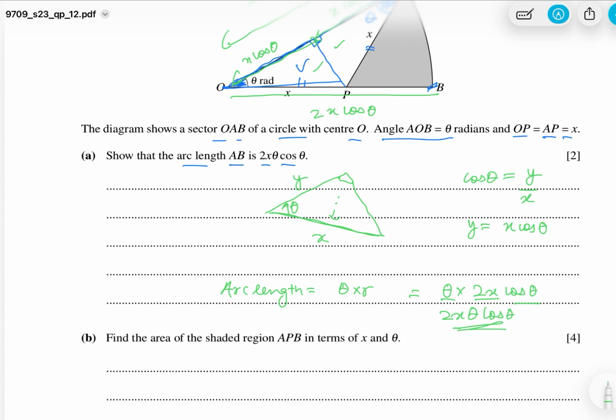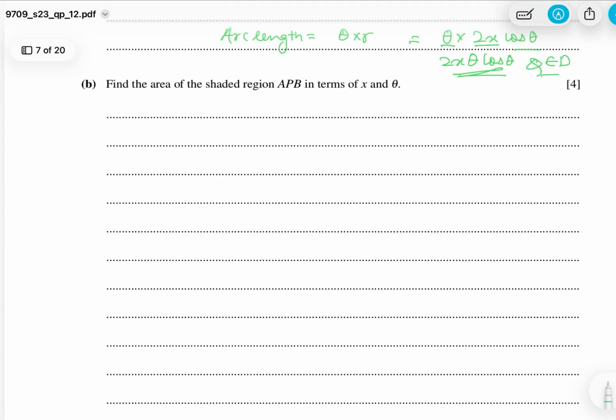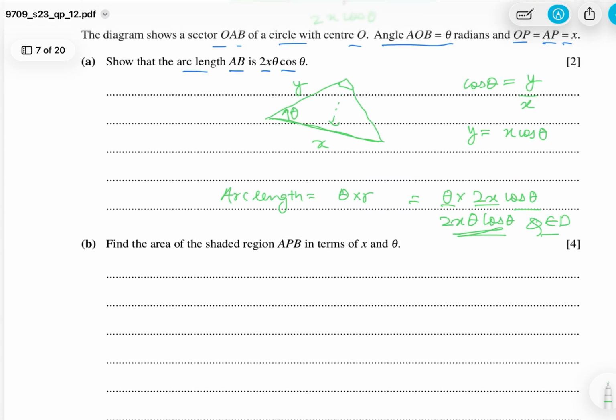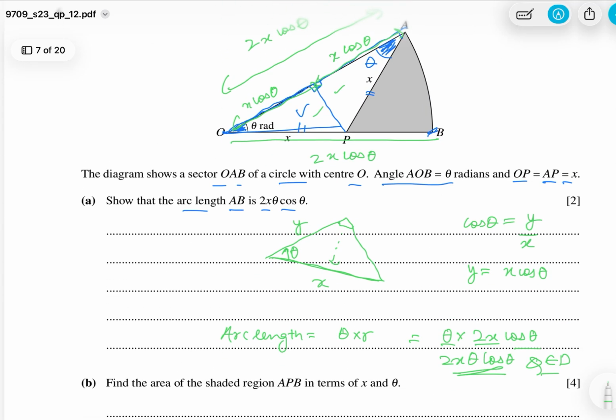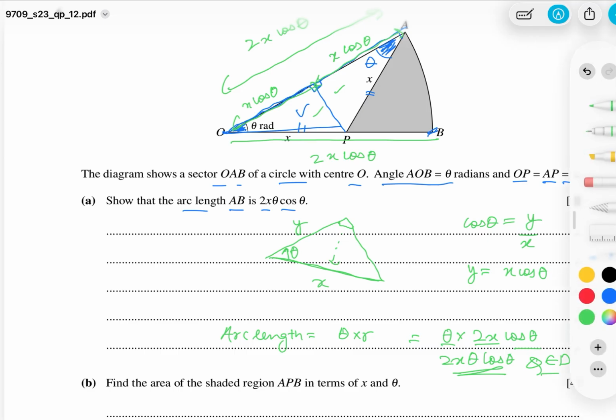Hence proved. Got this one, learners? We can write QED. That means hence proved. Okay. Let us find the area of the shaded region in terms of x and theta. Let me erase this. You can take a screenshot if you want.